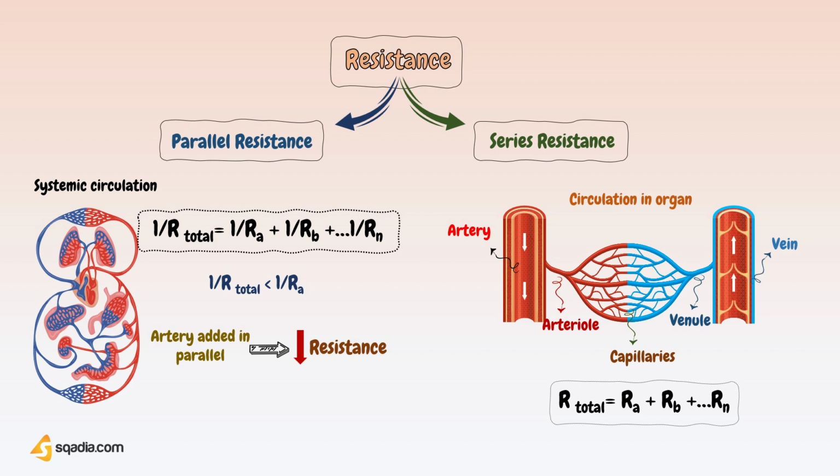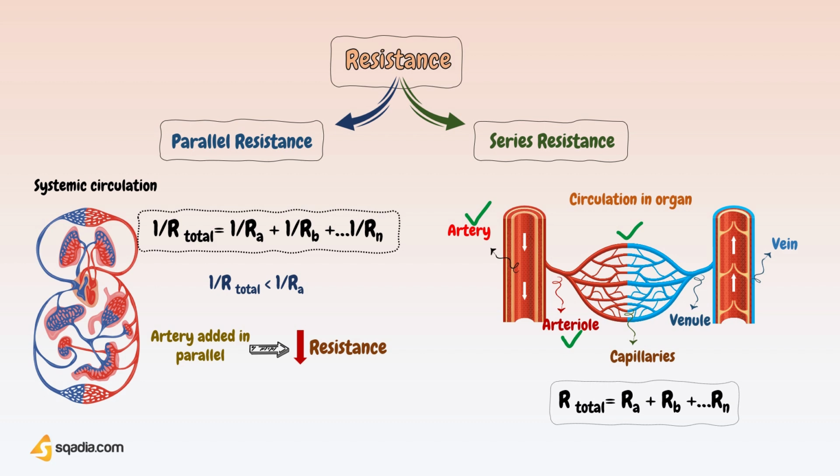The largest proportion of resistance in this series is contributed by the arterioles, and each blood vessel, for example, the largest artery, or set of blood vessels, for example, all of the capillaries, in series receives the same total blood flow. Thus, blood flow through the largest artery is the same as the total blood flow through all of the capillaries. So, this was all about resistance.